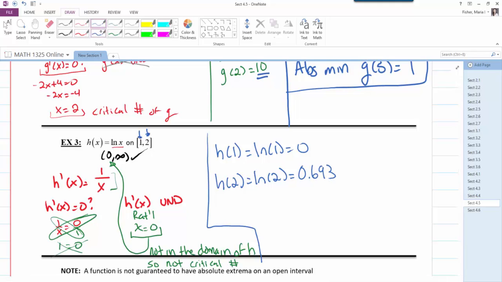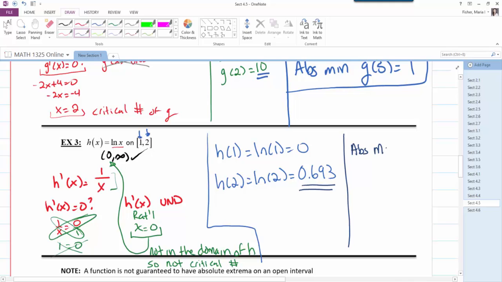So my absolute maximum occurs at the largest value. Well, in this case, my largest value is 0.693. So I have an absolute max at h of 2 equals 0.693.